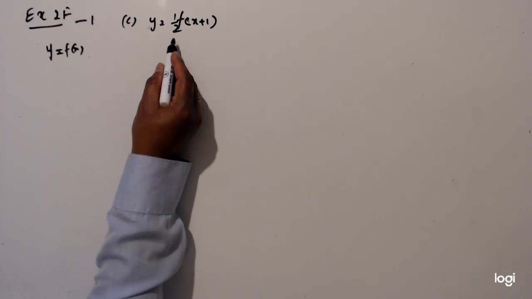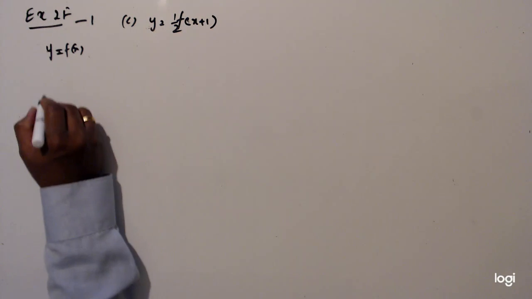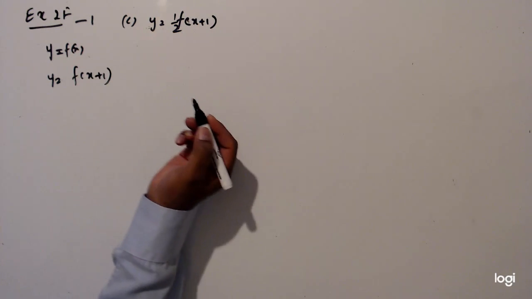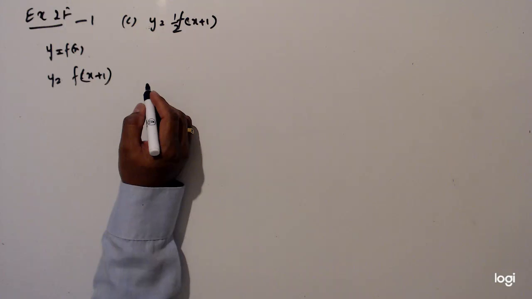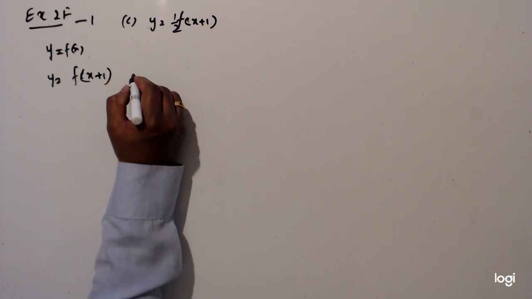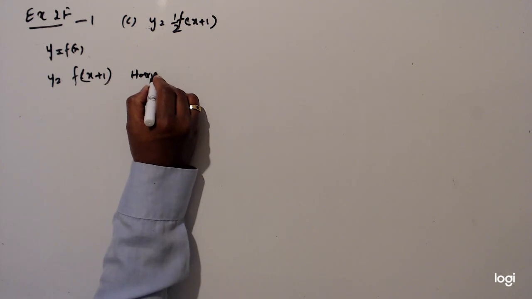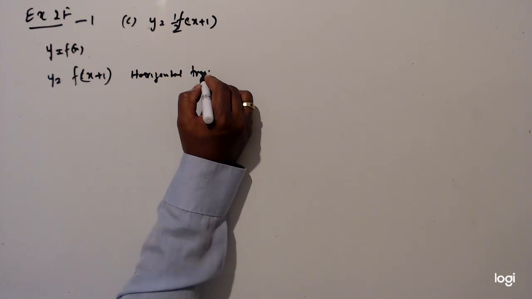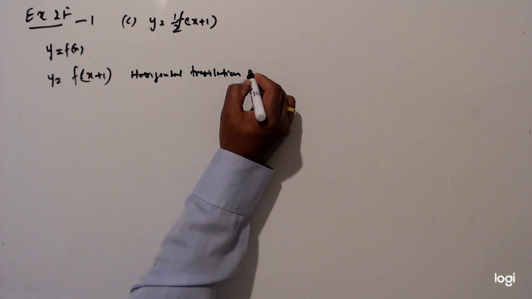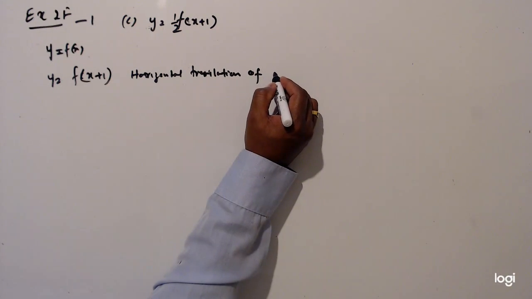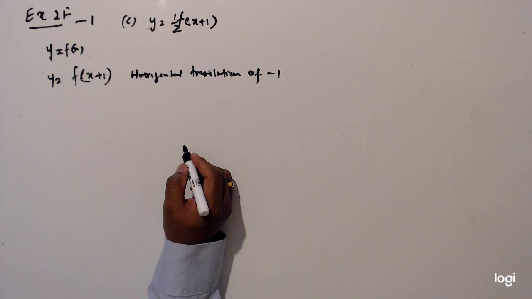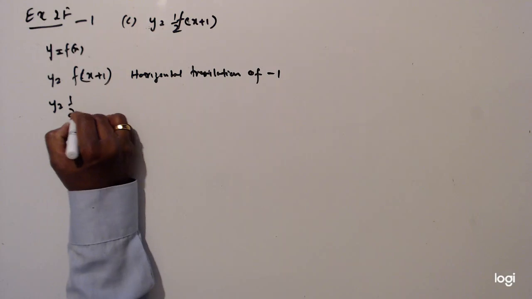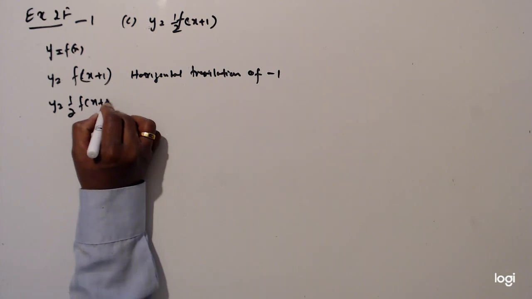Part C, y equal half f(x plus 1). So first of all we want to find the f(x plus 1) graph. So this is a horizontal translation of minus 1, and then y equal half times f(x plus 1).